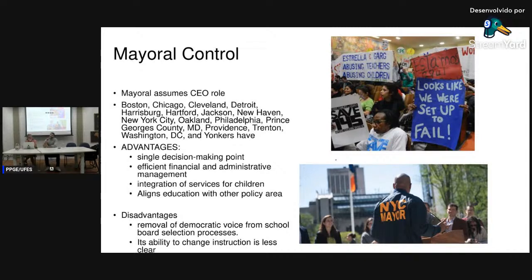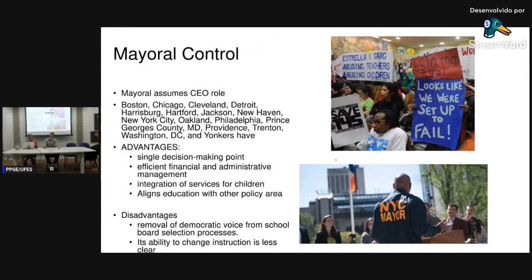Então, uma questão nas comunidades locais é o nepotismo, né, principalmente nas menores, de as pessoas contratarem familiares para trabalhar no sistema escolar, né, ao invés de ter um processo justo. And it's also to be more efficient because the mayor is one decision point instead of a school board, and aligns with other social policies that mayors already run, like housing and health things and community development and things like that.